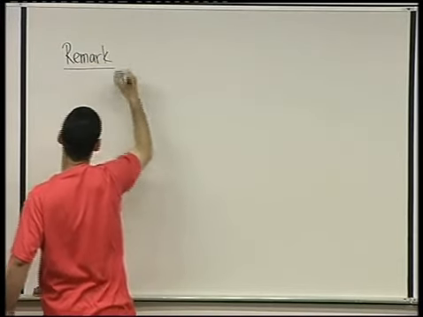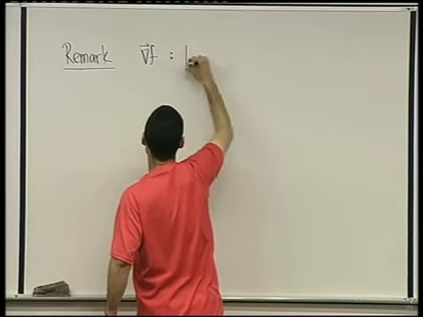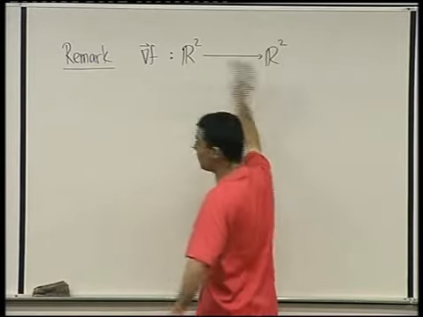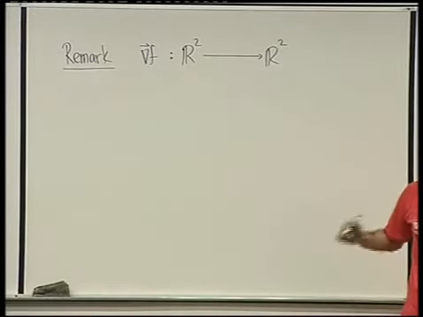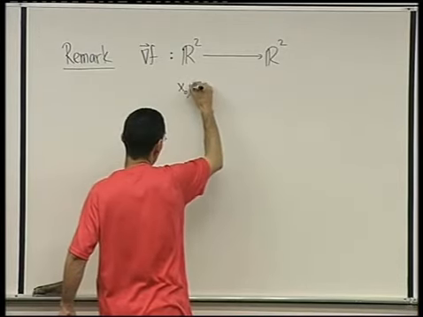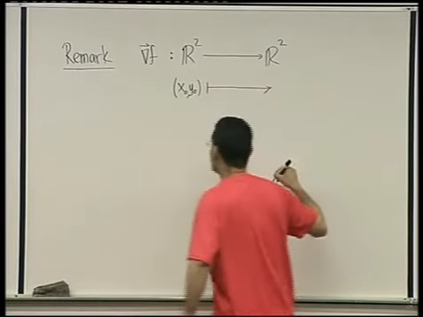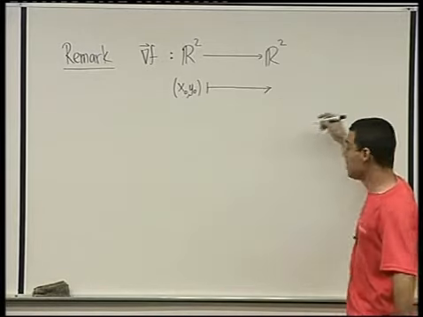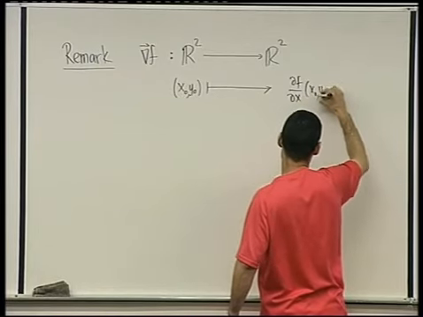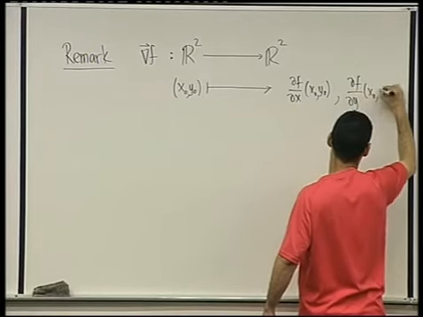Remark: the gradient of f is itself a function from R2 to R2, or R3 to R3 if f is a function of three variables. Okay, why? It takes a point x0, y0 and sends it to the gradient of f at that point, which is df to dx at x0, y0, comma, df to dy at x0, y0.